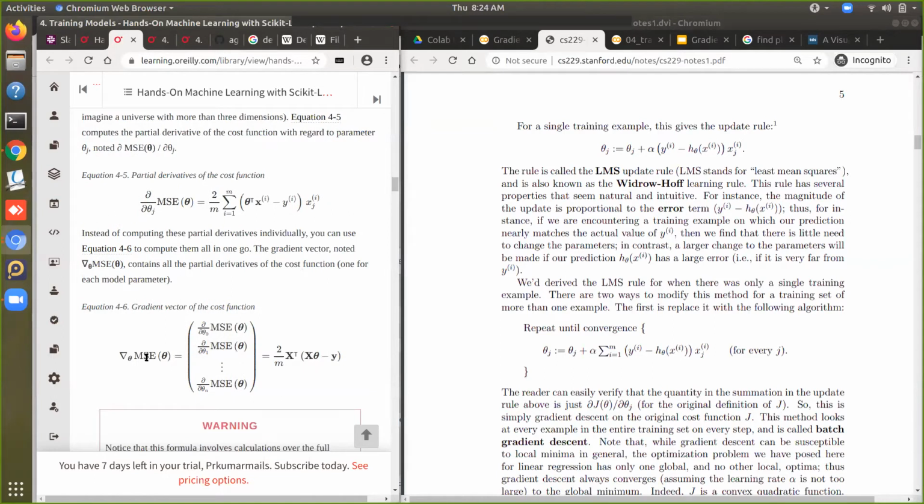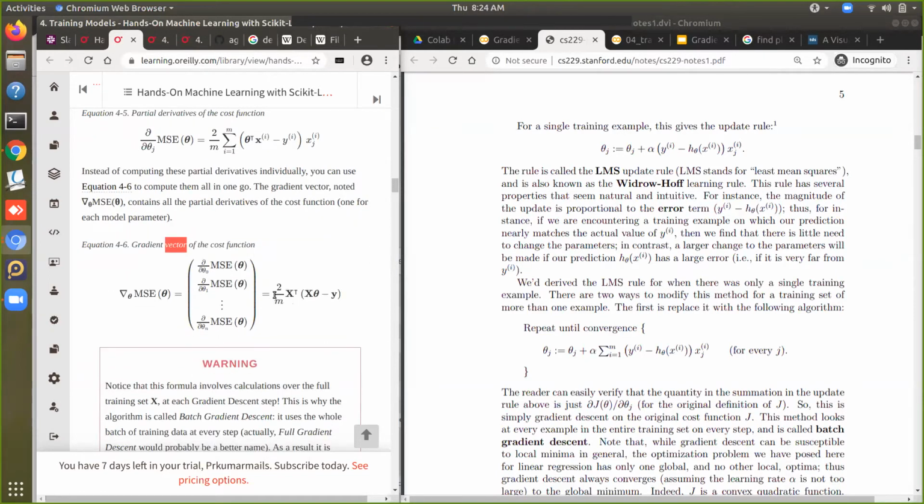So we will have partial derivatives, a vector of partial derivatives, one for each theta. That is called the gradient. You can see that the gradient is a vector composed of the partial derivative for each parameter theta.